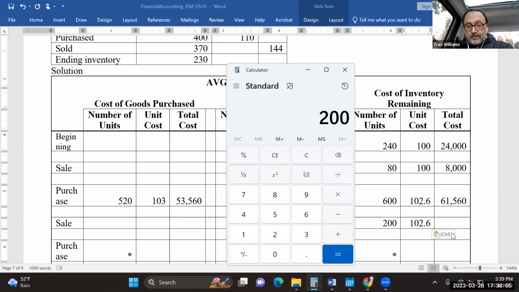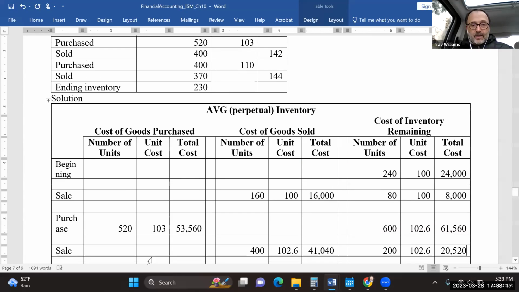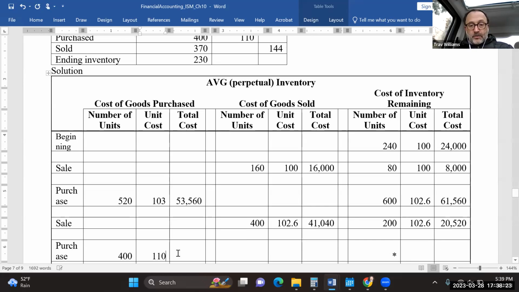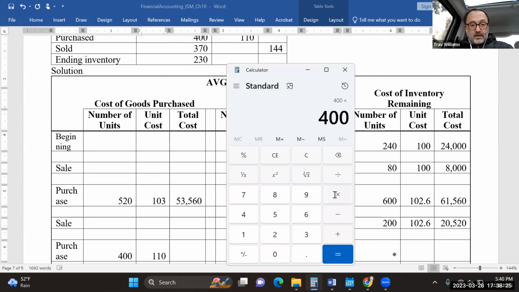And then we purchase some more inventory. We buy 400 units at $110 each. Since we made a new purchase, we'll have to calculate a new weighted average. 400 times 110 is 44,000.